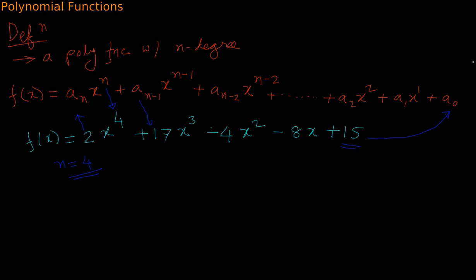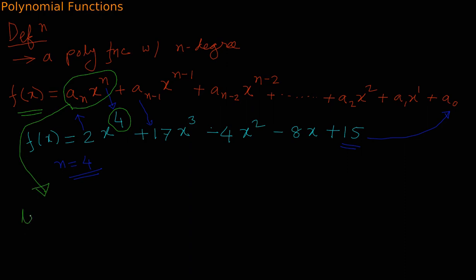So if I want to write down for a polynomial function f(x), this term which is a n x power n, so that means the term with highest power, this term is called the leading term. So what is the definition of a leading term?